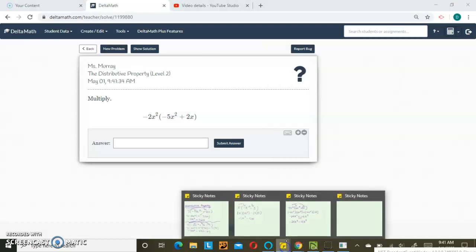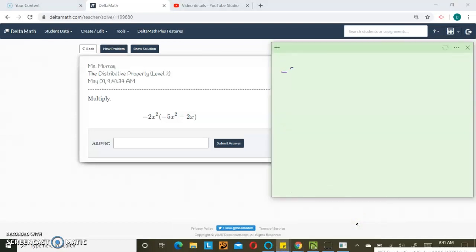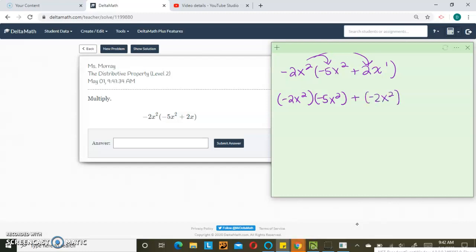I have a negative 2x squared times negative 5x squared plus 2x. I'm going to put that exponent of a 1 on there. I'm multiplying to both terms in my parentheses. Negative 2x squared times negative 5x squared, plus sign in between, negative 2x squared times 2x to the first power.